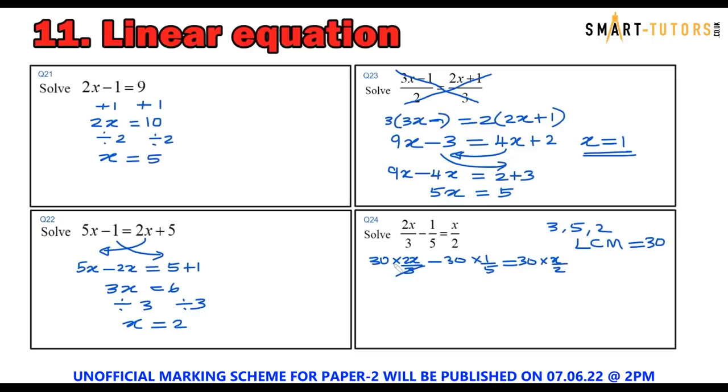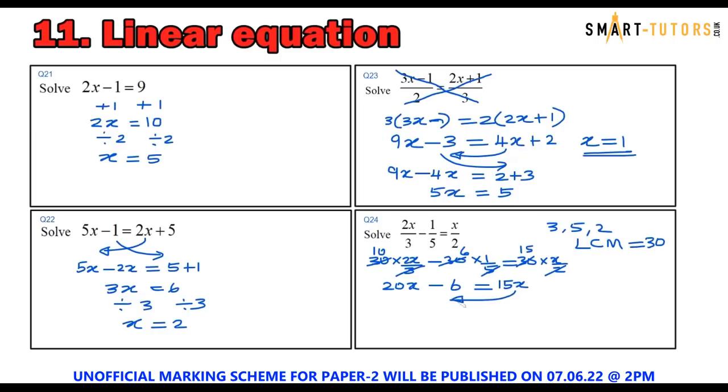Now you can simplify, 3 goes into 30 10 times, 2x is 20x, minus 5 goes into 30 is 6, minus 6 equals 2 goes into 30 is 15, that is 15x, right?